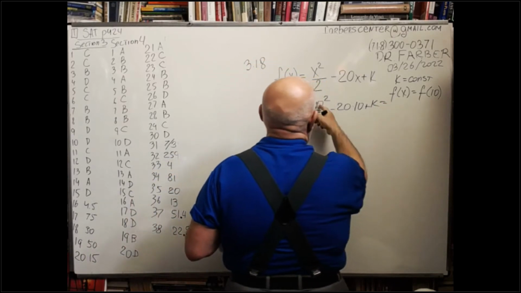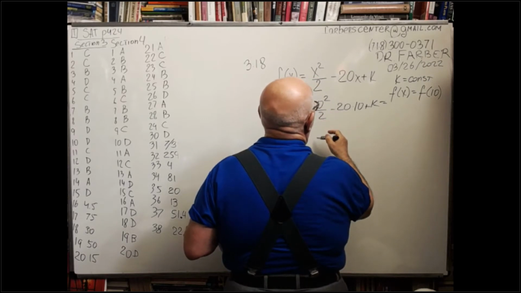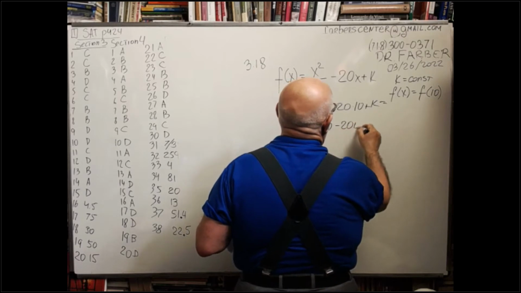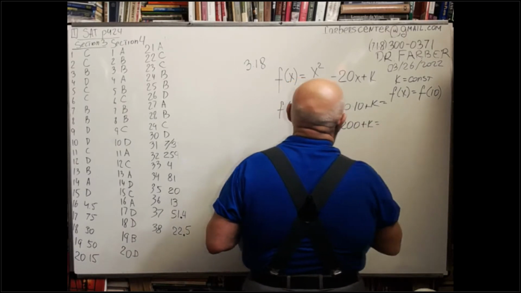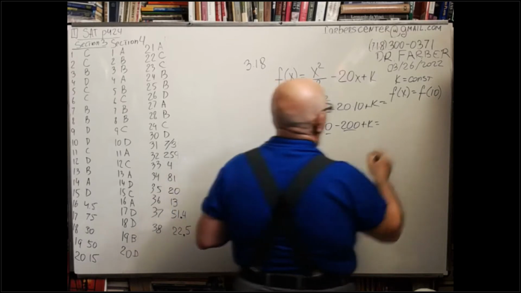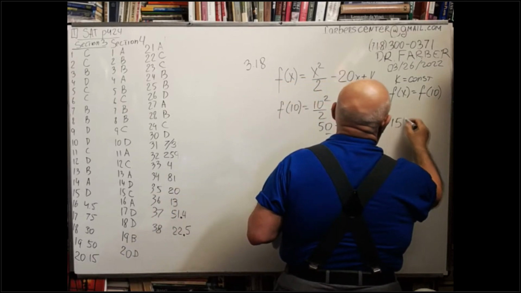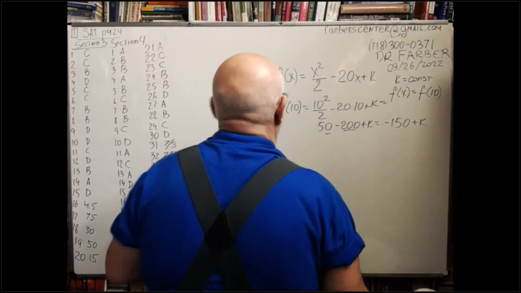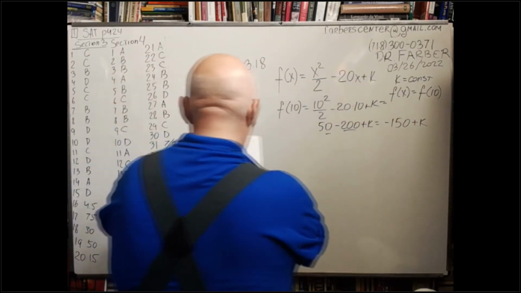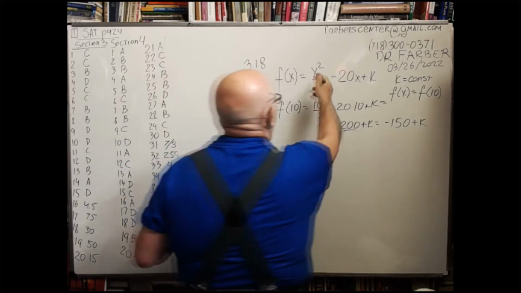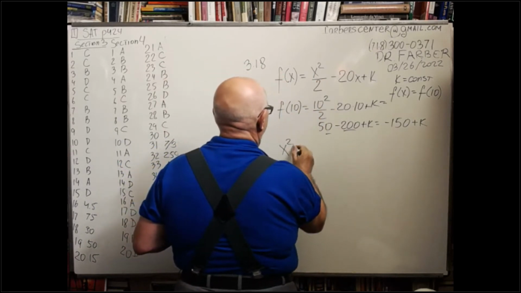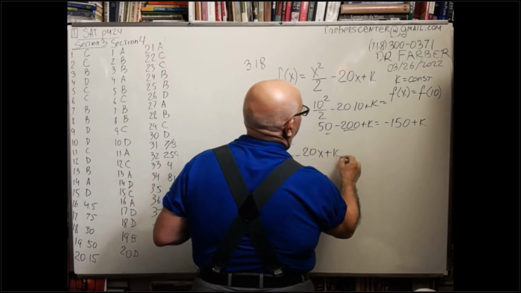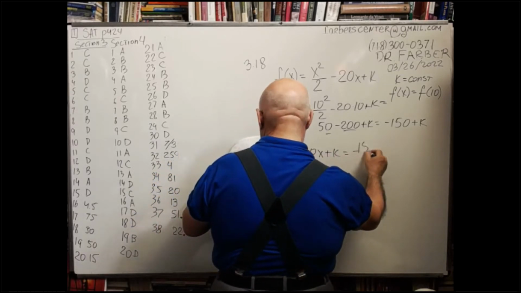This is 100 divided by 2 is 50, minus 200 plus k, which is negative 150 plus k. One of these ways. And this equals f of x. So x squared over 2 minus 20x plus k equals negative 150 plus k.